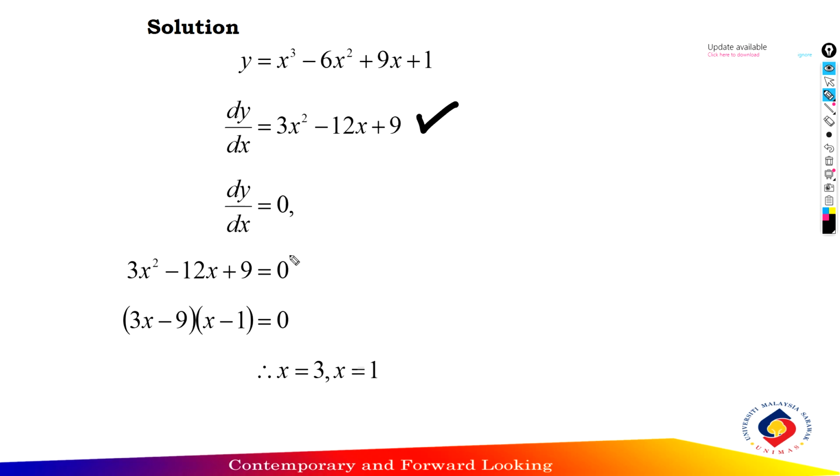Then you let the first derivative equal 0, since a stationary point exists when the first derivative equals 0. So 3x squared minus 12x plus 9 equals 0, and you factorize the quadratic function: 3 times (x minus 3) times (x minus 1) equals 0, and you find the value of x.